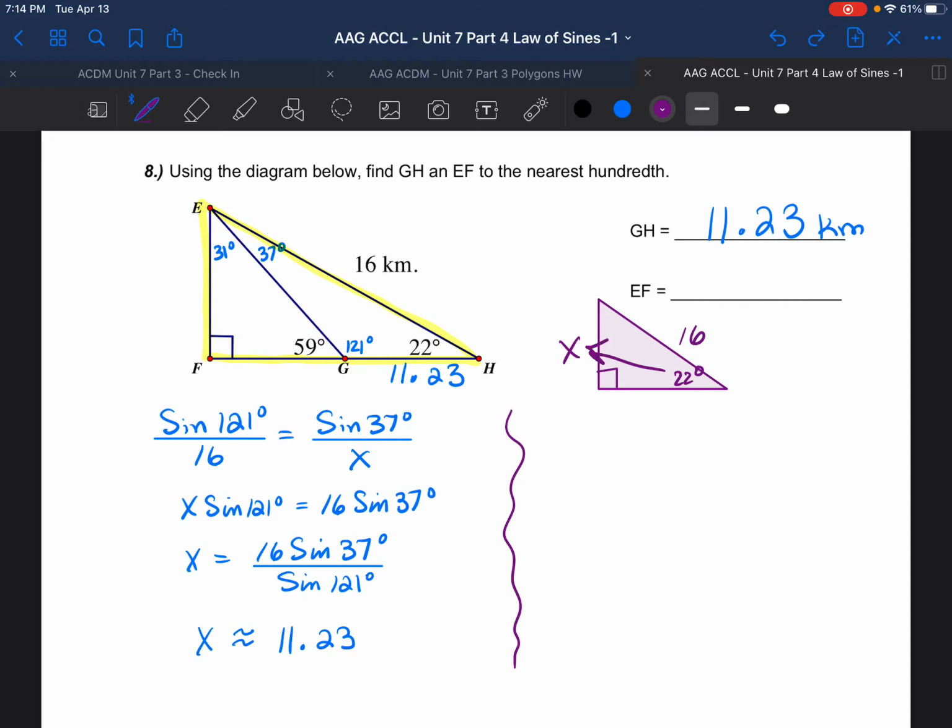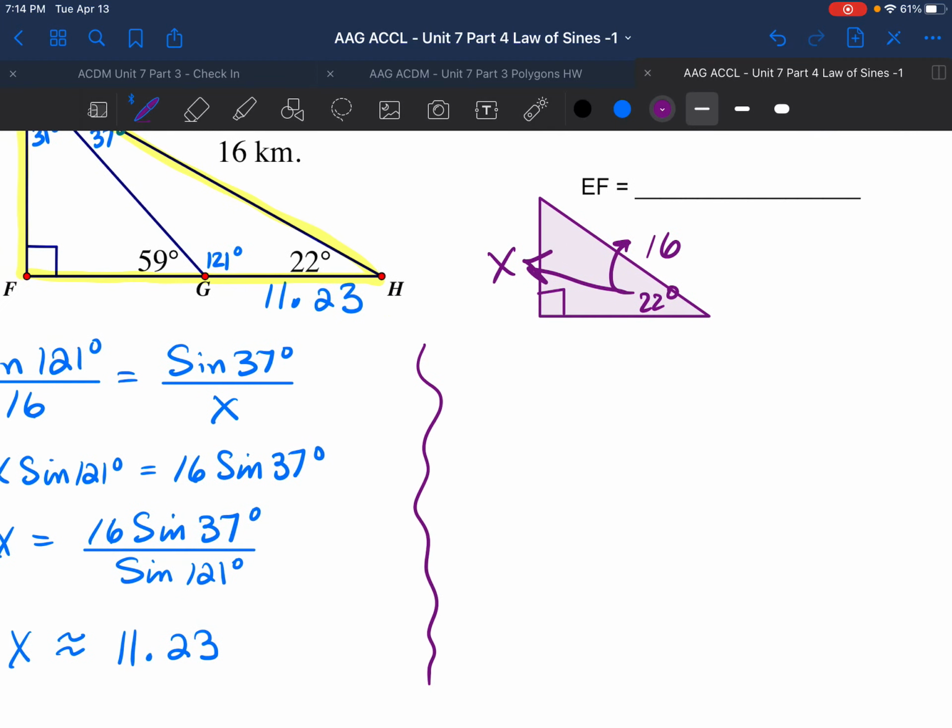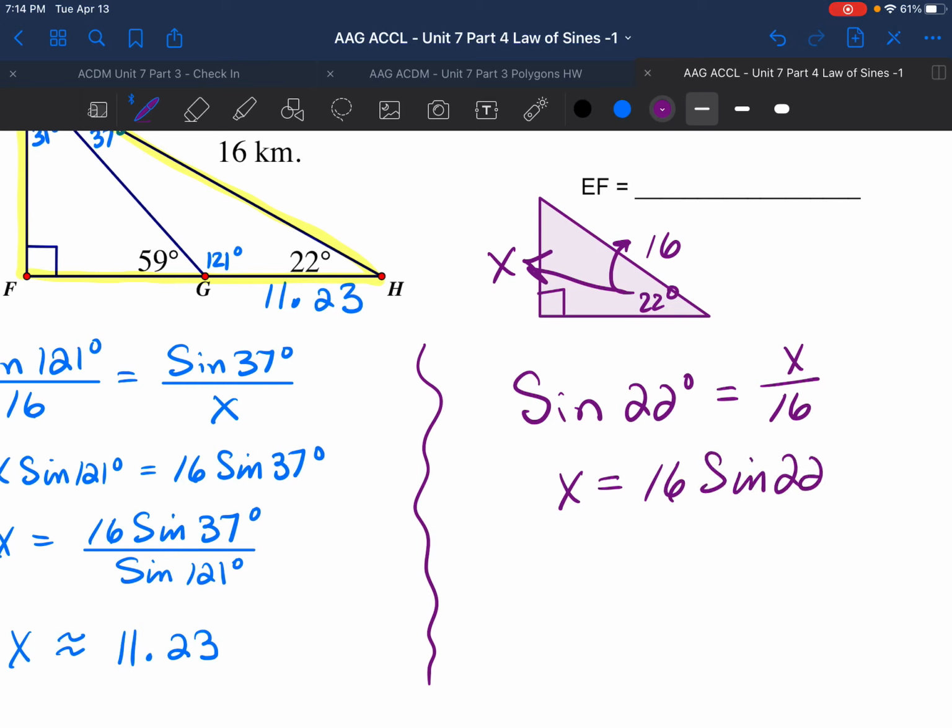So I'm looking for opposite when I have the hypotenuse. So in this case, I'm going to solve a sine of 22 degrees equals x over 16 equation. All right, our variable is in the numerator. We're going to end up getting x equals 16 sine 22 degrees.